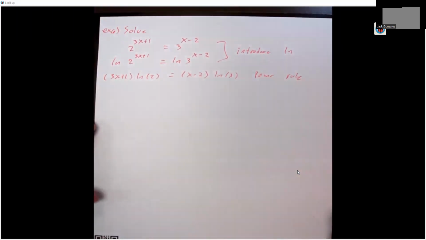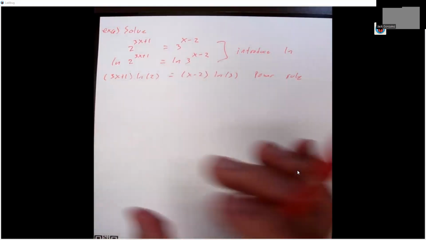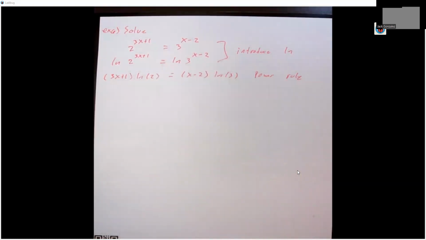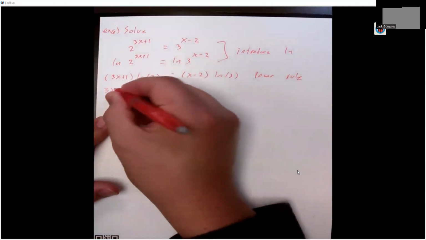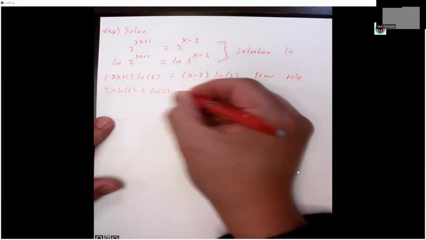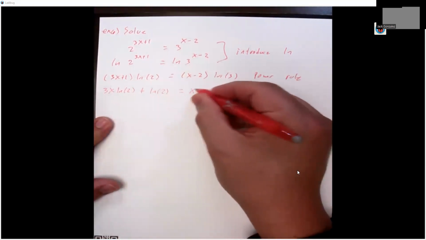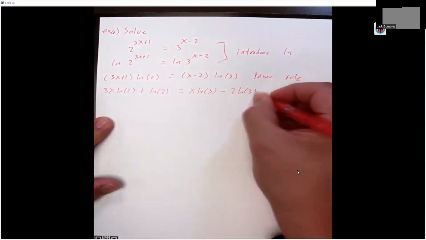Okay, so at that point, distribute your ln2, distribute your ln3, and then get all the x's on one side, all the constants on the other side. So 3x ln2 plus ln2 equals x ln3 minus 2 ln3.